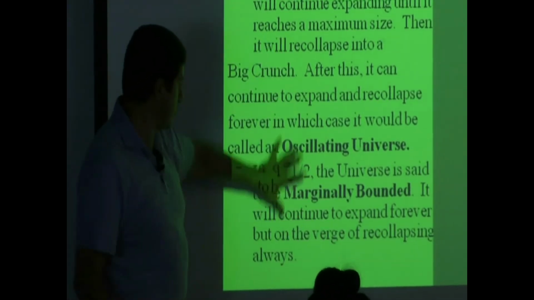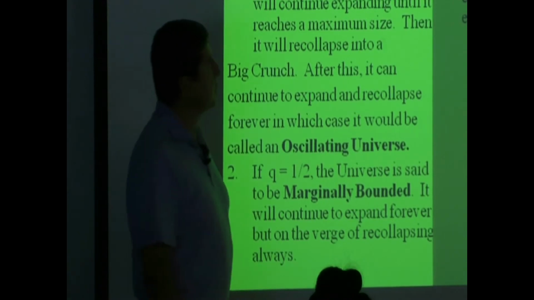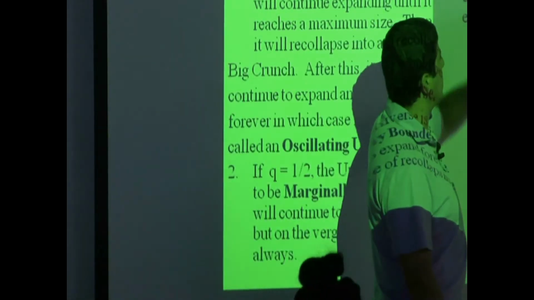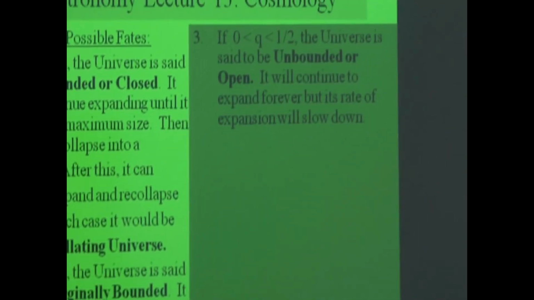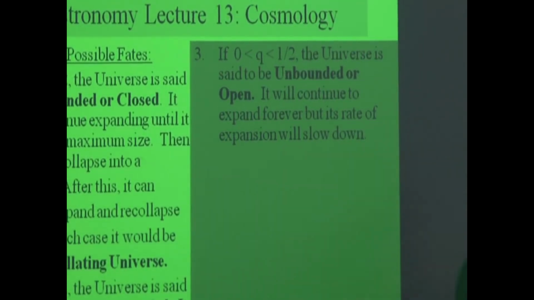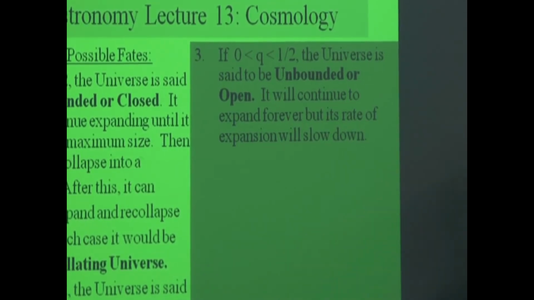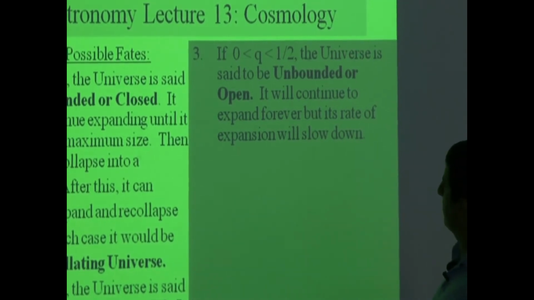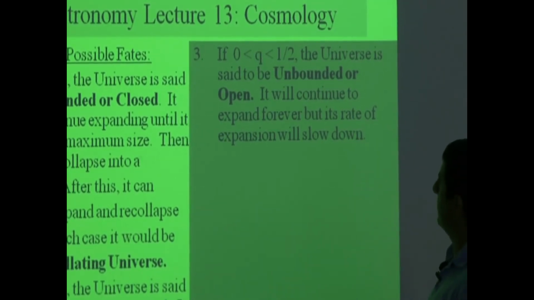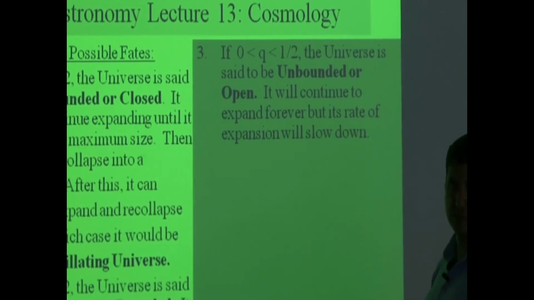Either this or this. If Q is greater than 0 and less than half, the universe is said to be unbounded or open. That's this one here. It will continue to expand forever, but its rate of expansion will slow down.